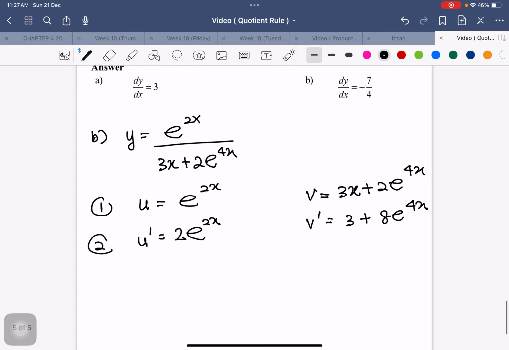Okay, so the next step is we want to substitute into the formula. So y prime is equal to v u prime minus u v prime over v squared.